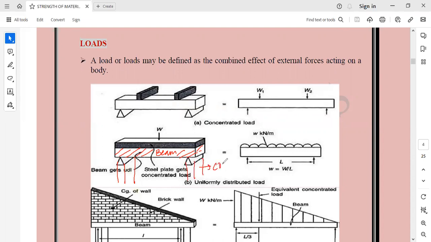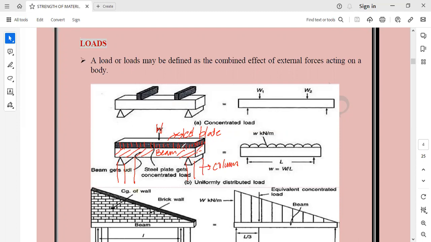These are the columns on which the beam is supported, and a steel plate is resting on the entire surface of the beam. So this is the steel plate which is resting on the entire surface of the beam, and the weight of the steel plate is W. So the entire surface area of the beam will experience the force, that is the weight of the steel plate.